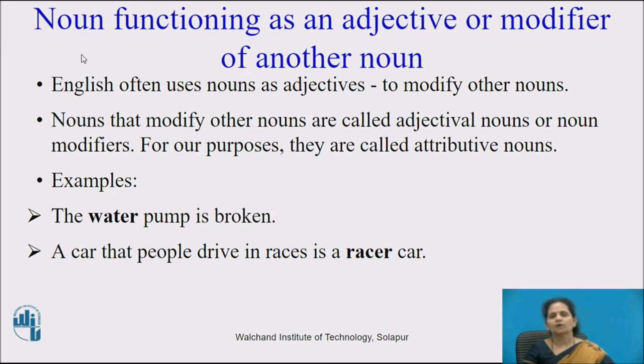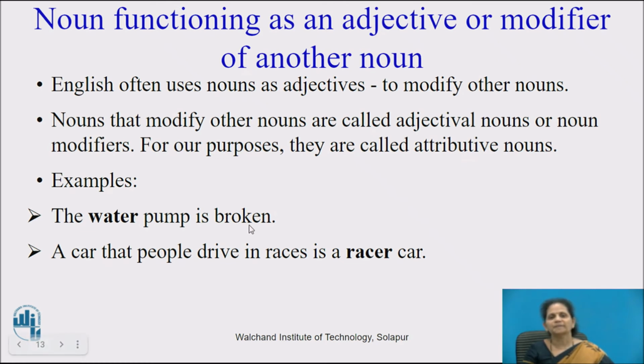Now, the noun functioning as an adjective or modifier of another noun. English often uses nouns as adjectives to modify other nouns. Nouns that modify other nouns are called adjectival nouns or noun modifiers. For our purposes, they are called attributive nouns. See the examples.